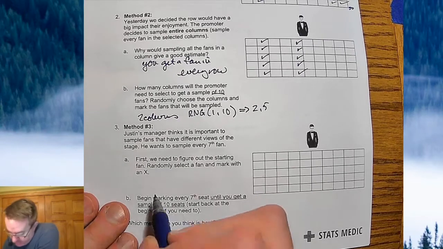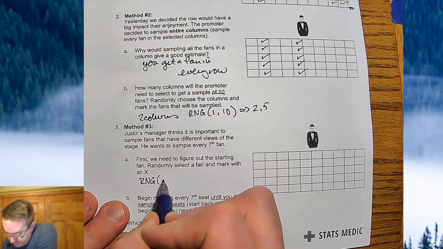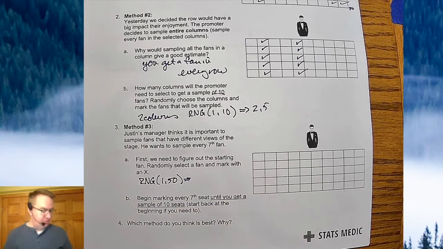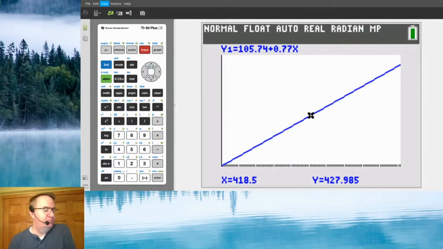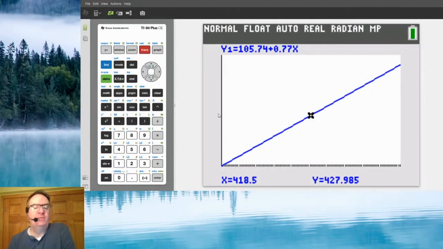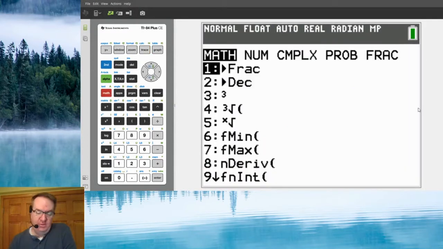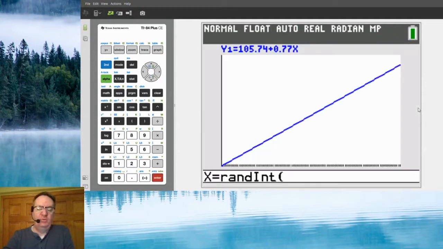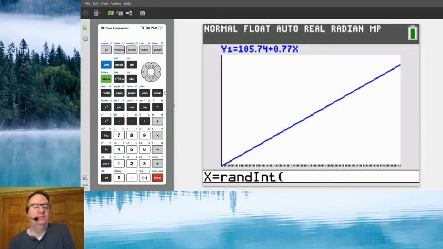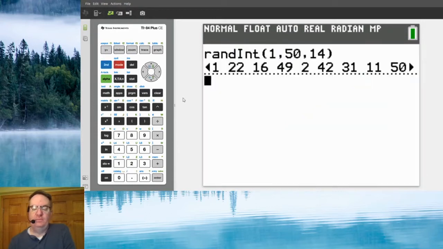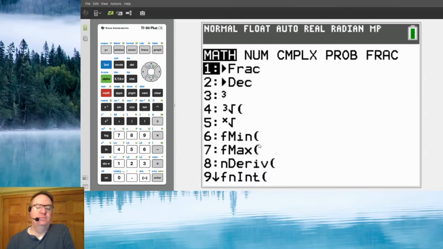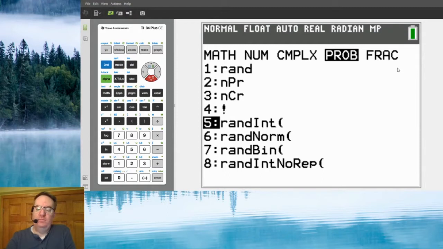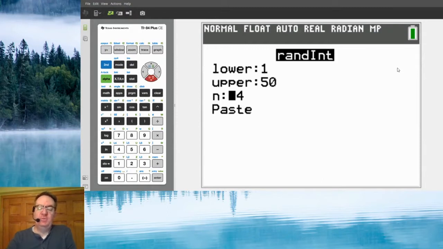To do that, you're going to use your random number generator again, 1 to 50, and pick out one number. So you go back to math, probability, random integer, 1 through 50, and all we need is one number here.